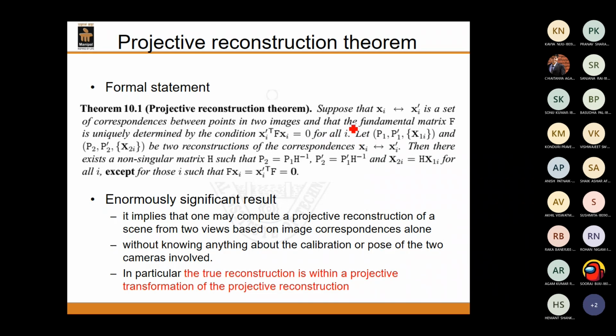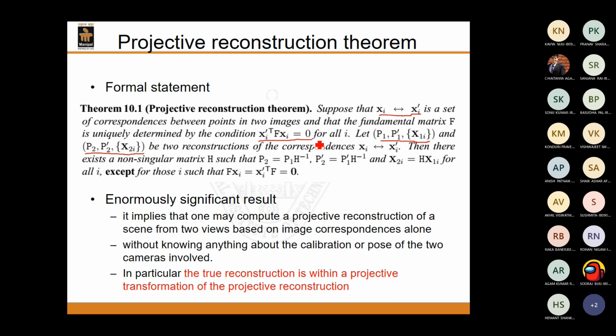Then let P1, P1 dash, x1i be the camera matrices and the reconstructed points of one particular reconstruction, and let P2, P2 dash, x2i be another reconstruction obtained from the same set of image point pairs.